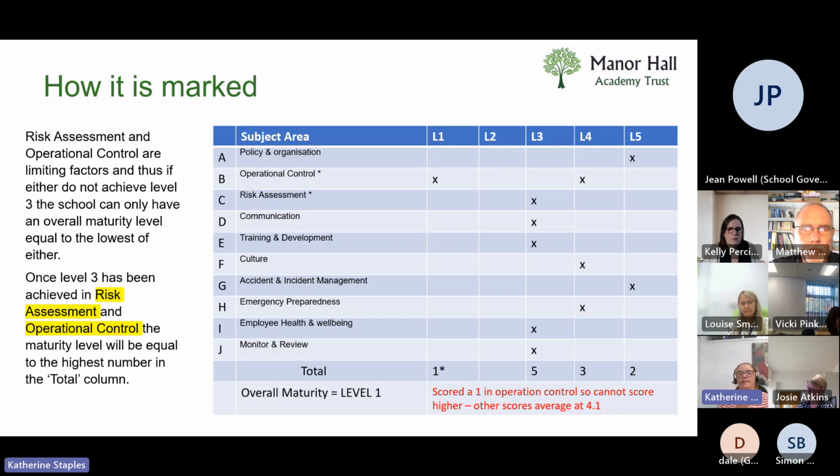So we've got policy and organisation. They are really standard questions. So things like, and quite a lot of this is done before they come into school as well. So they're asked to see your health and safety policy. One of the key things that comes out of the health and safety policy is, is it personalised, and does it mean something to your school?